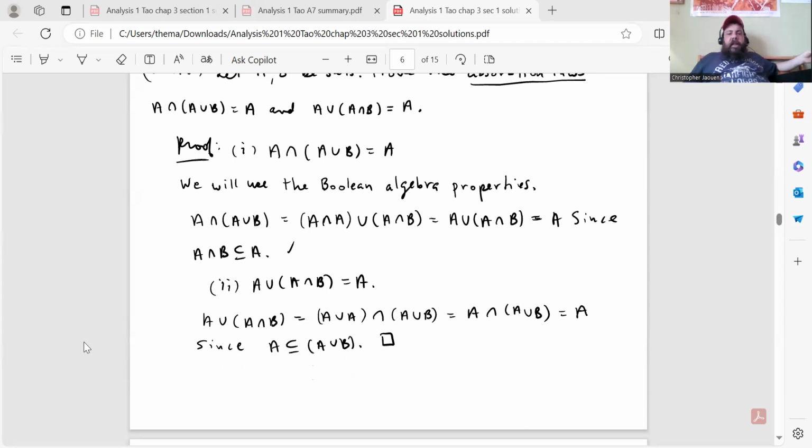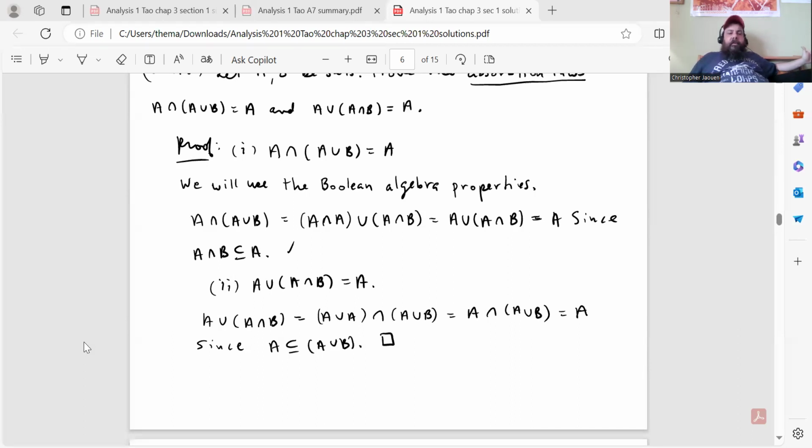I just used the Boolean algebra that we've already established because it makes it a lot easier. So A intersect (A union B) by the distributive law is the same thing as (A intersect A) union (A intersect B), and A intersect A is just A. So that's equal to A union (A intersect B), which is equal to A, since A intersect B is a subset of A.